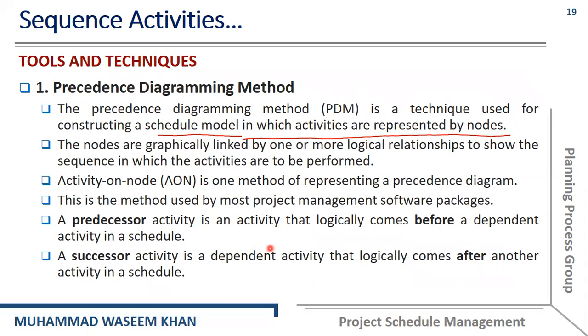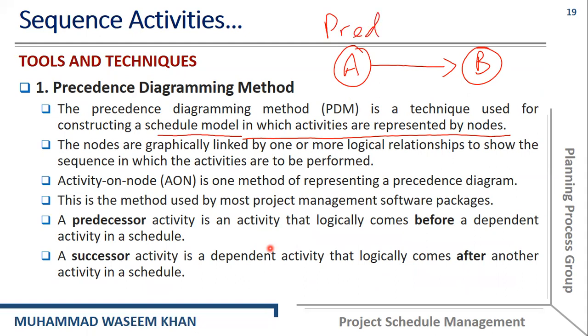So here we represent activities by different nodes. For example, activity A and activity B are two activities. You can see that we have represented these activities by nodes, and an arrow or line represents the relationship among these different activities.